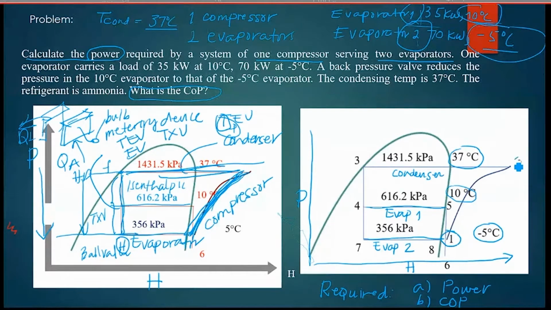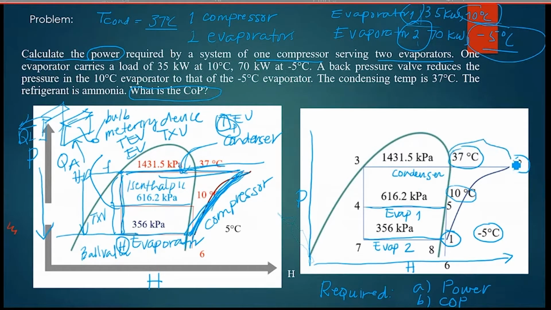Then two, the end of the compression. Then from two to three, what is happening there? That is the condenser, right? What is happening in the condenser is it has a superheat region.